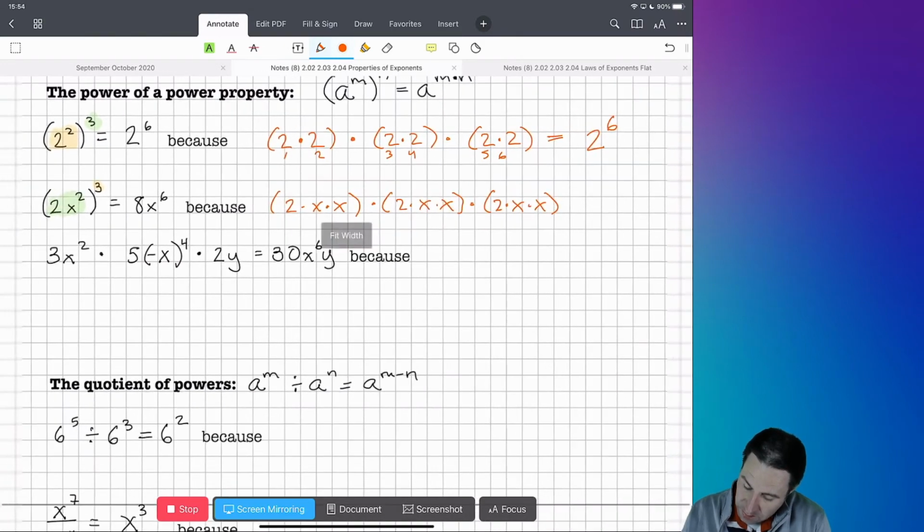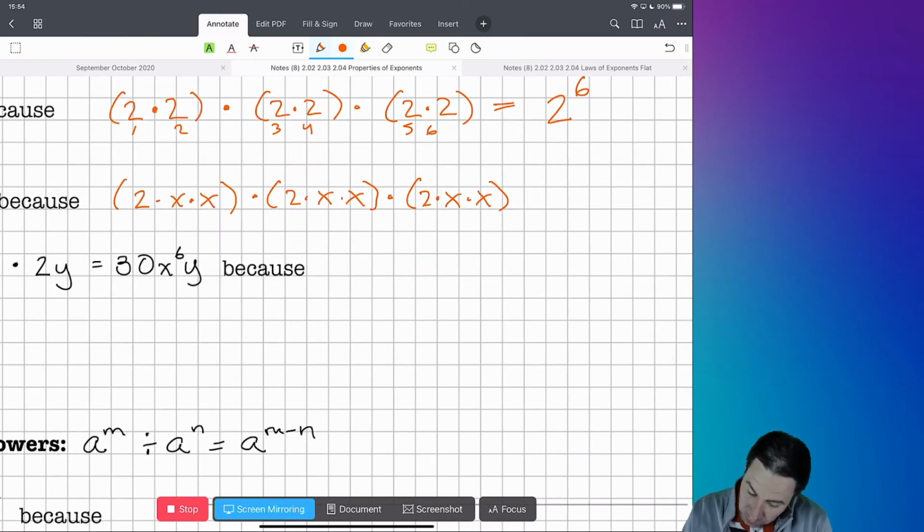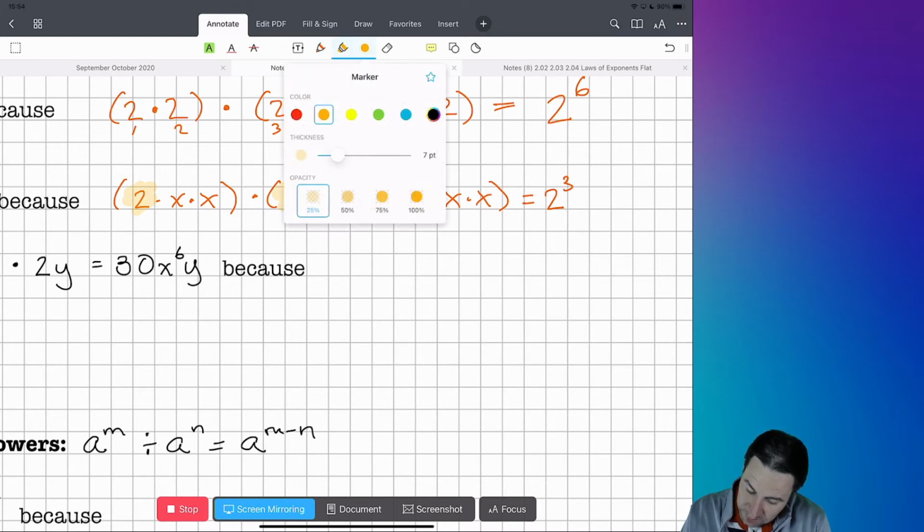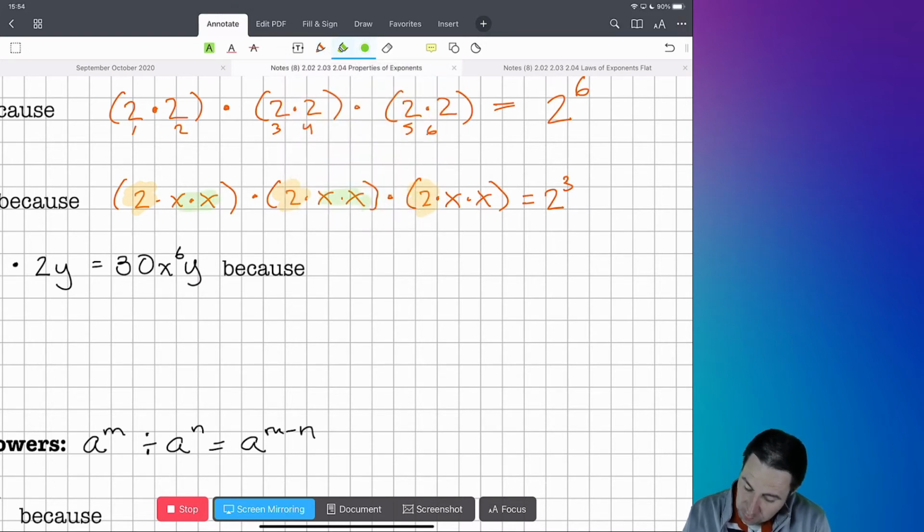Now we can see here that the 2 is repeatedly multiplied 3 times, so this would be 2 to the 3rd. And the x's are repeatedly multiplied 2, 4, 6 times, so this would be x to the 6th. So the answer is 2 cubed x to the 6th.